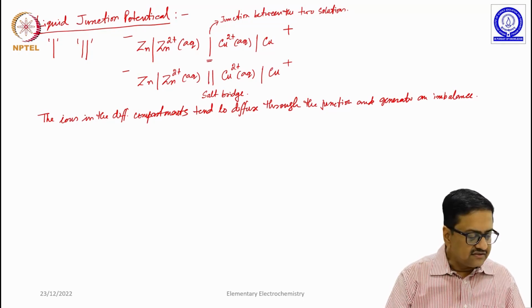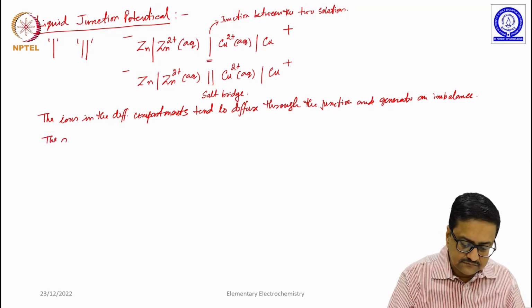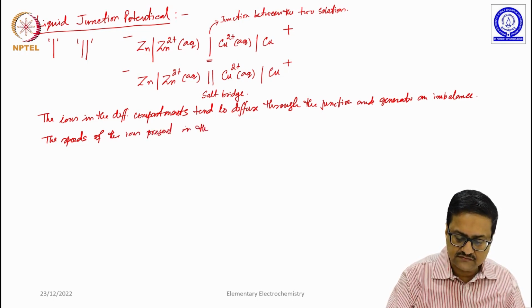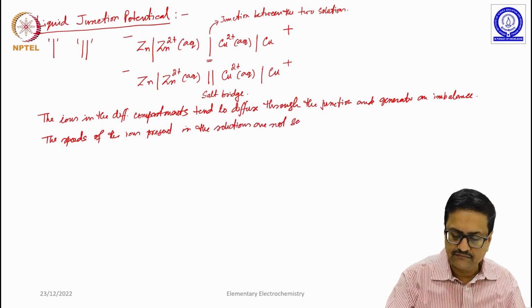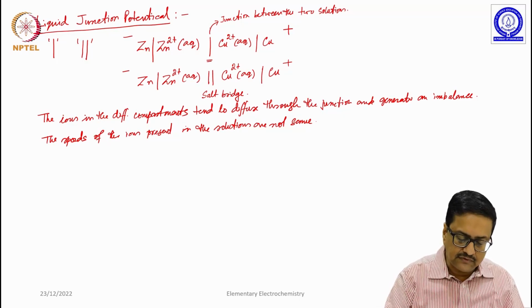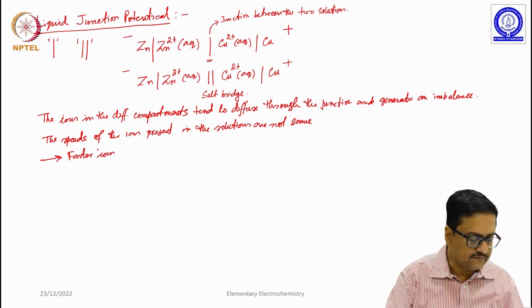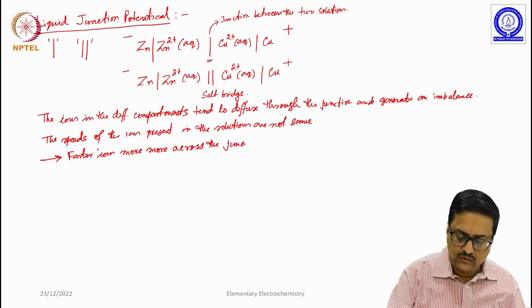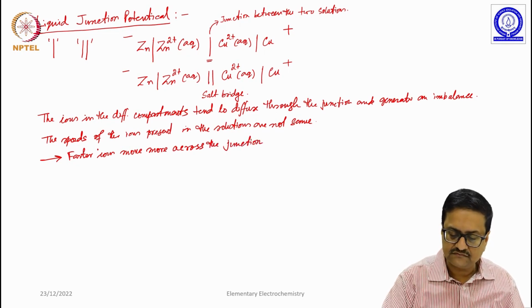Why is that imbalance generated? Because the speeds of the ions present in the solutions are not the same, and as a result the faster ions move more across the junction, or move faster.